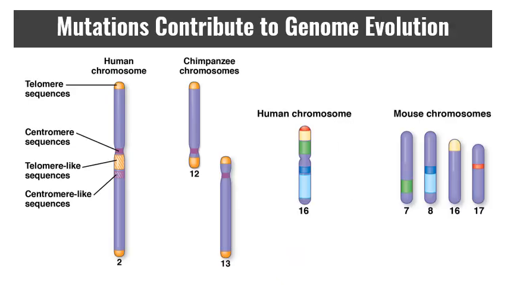Overall, we see that mutations contribute to genome evolution. We have whole segments of our genome we talked about that contribute to genomic instability and variation and evolution. Traits that are highly conserved must be essential to life and must be important for evolutionary change. But just because you have these lines of descent from a common ancestor doesn't mean that the chromosomes will be the same.